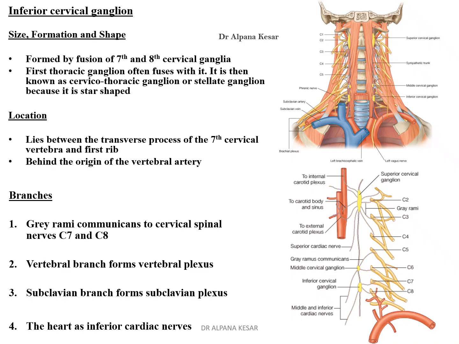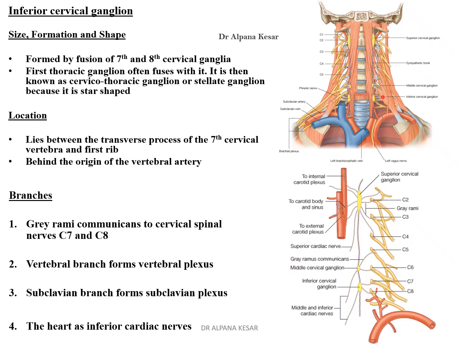Inferior cervical ganglion. This is the inferior cervical ganglion. Inferior cervical ganglion is formed by the fusion of the seventh and the eighth cervical ganglia. When the first thoracic ganglia fuse with it, it is known as the cervicothoracic ganglia or stellate ganglia.